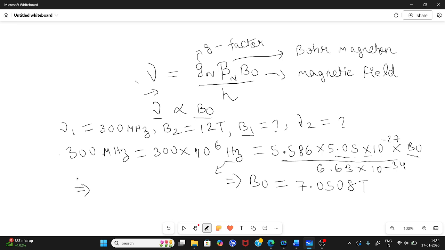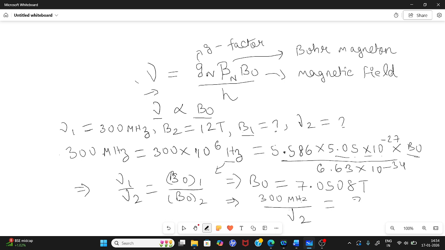So you can look at this as mu1 by mu2 is equal to B naught 1 by B naught 2, which means mu1 was provided to you, 300 megahertz. You divide it by mu2, which you need to find out.